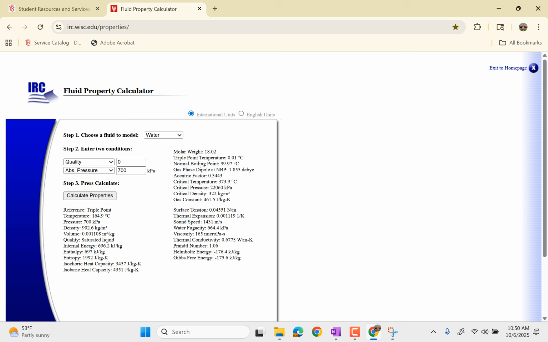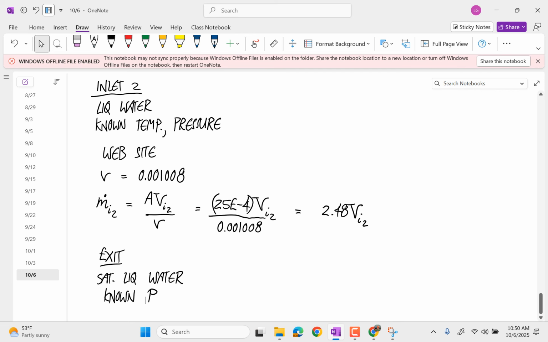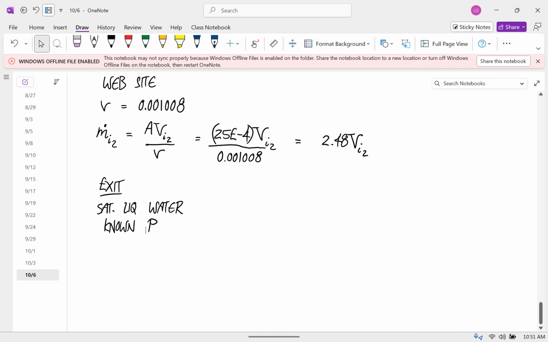And it says that our density is 0.001108. So the specific volume is 0.001108.